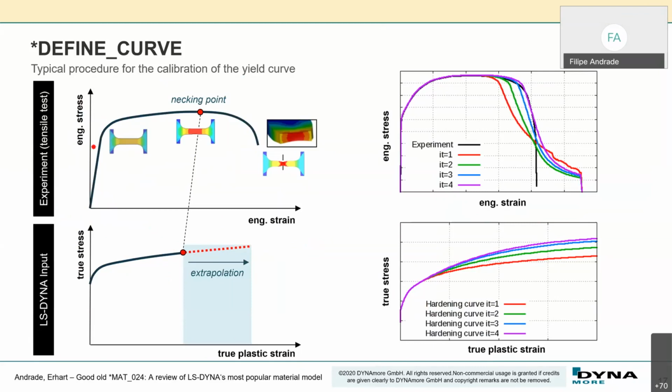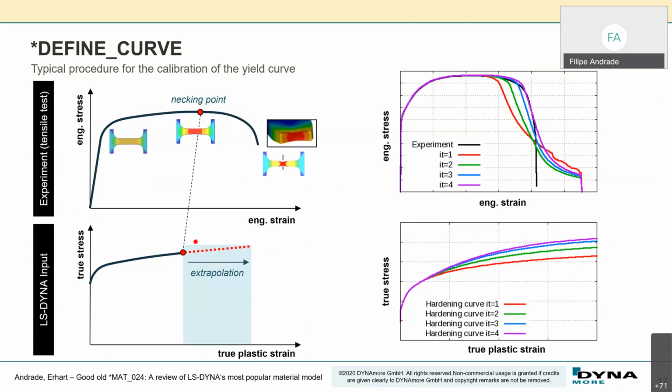So we remove the elastic part, and we also convert from the engineering strain to true stress and true strain. So we do this up to the necking point. Up to the necking point, we know that's the solution. It's uniaxial. We can show analytically that that's the solution. So that part of the curve is basically already known and defined.